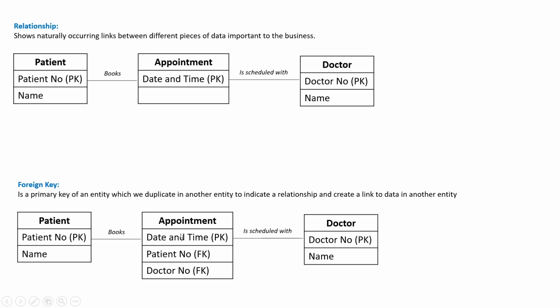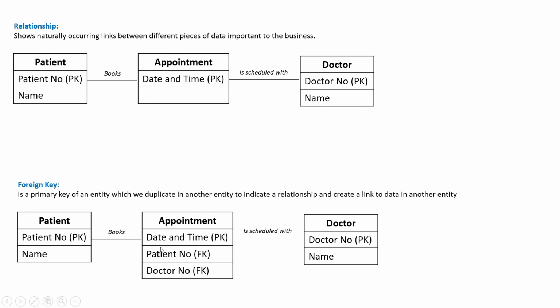So if you see in the appointment entity, we still have the date and time as the primary key for an appointment. If we look at August 8, 9 a.m., then we would see the patient number and doctor number that is linked to that date and time for the appointment.